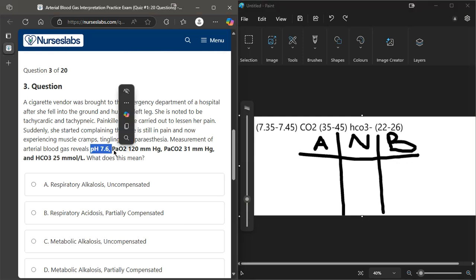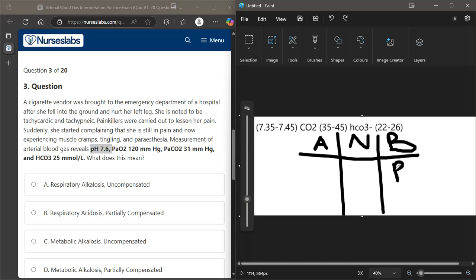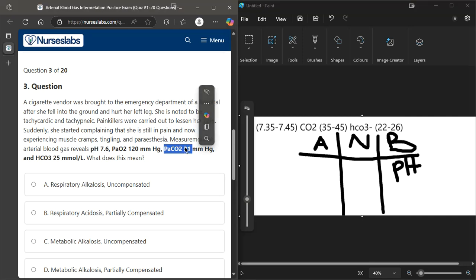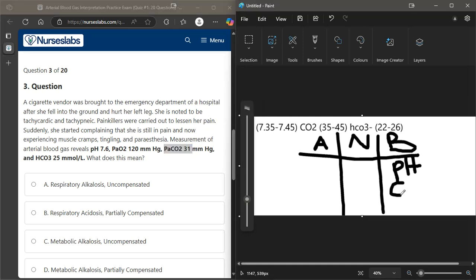So the pH this time is 7.6. 7.6 is greater than 7.45, and remember, one end is acidic and the other end is basic. So our pH in this case is basic, it's alkaline. Oxygen, we're not interested in when interpreting. Our carbon dioxide is 31. Our normal range is 35 to 45, and anything less than 35 is basic.